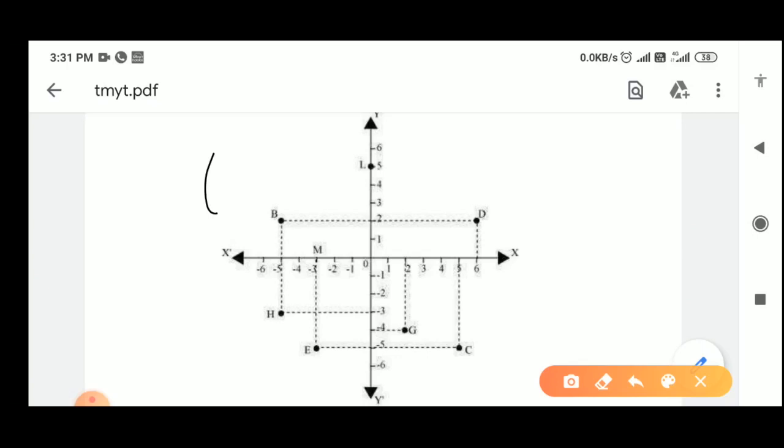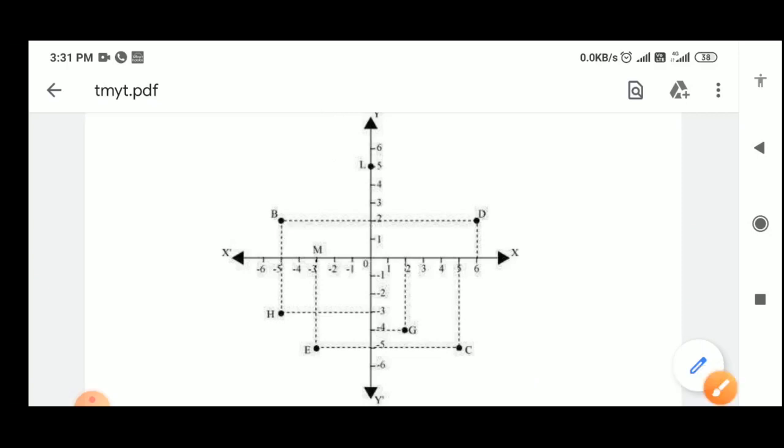This dotted line from point B is joined on the x axis at -5 and on the y axis at +2. So the coordinates of B are -5 and +2.